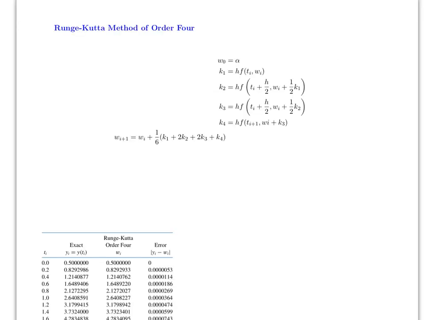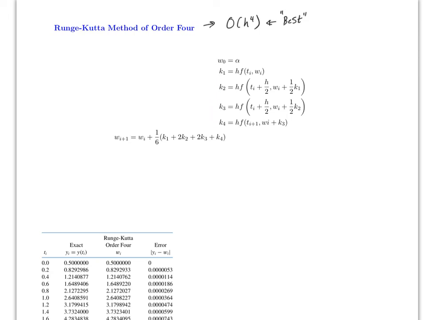The last method we're going to focus on is the Runge Kutta method of order 4. As the name suggests, this one is O(h^4). In theory, this is going to be the best method we're going to use, and you'll see why in a little bit.